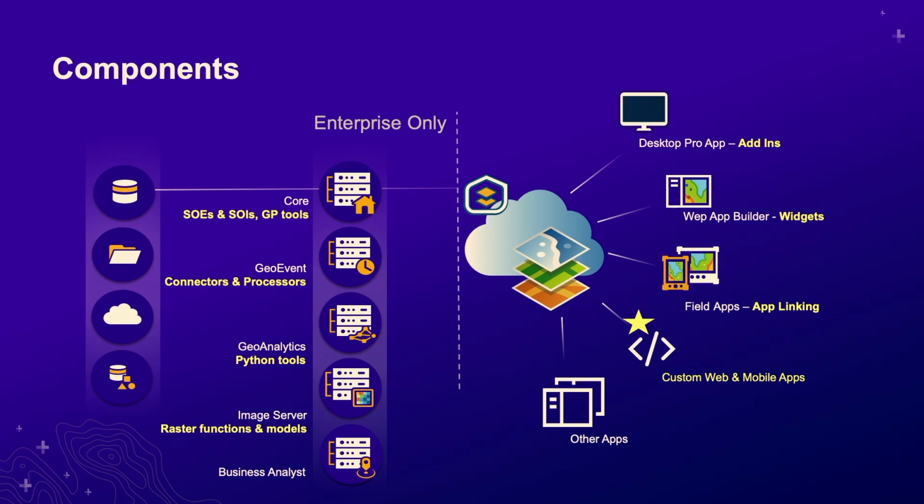When it comes to GeoEvent, GeoEvent is really about connecting to real-time data, whether it be sensors or land, air, and sea moving objects. You can create your own connectors to your own data sources to be able to stream that into GeoEvent, or you can create your own processors as well. With GeoAnalytics, you can utilize Python tools to chain different functions together, and of course do automated processing of data. And an image server enables you to create custom raster functions and models.